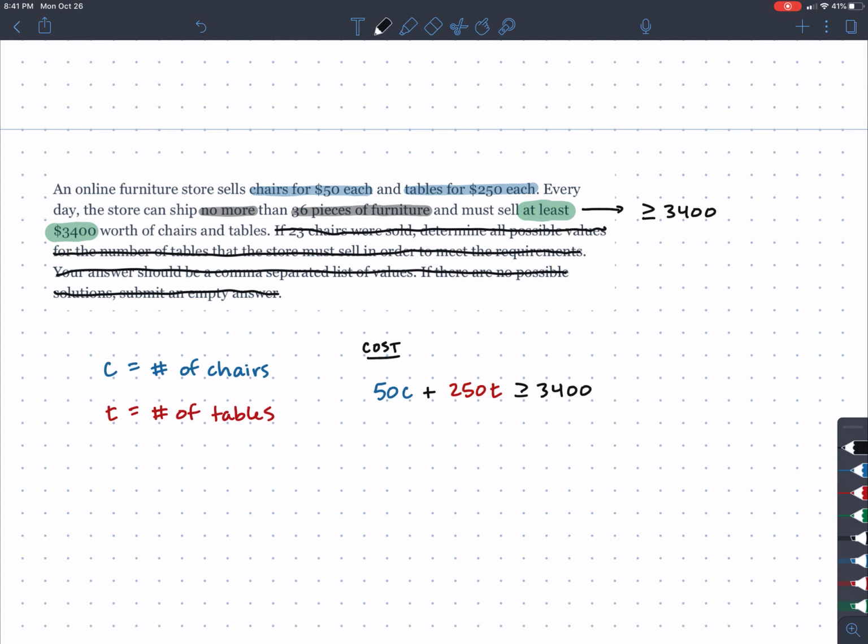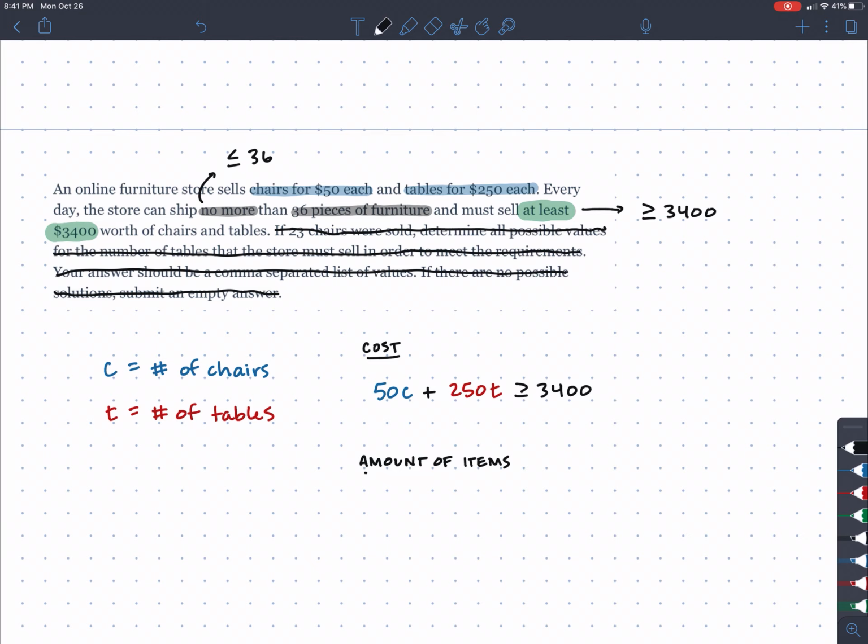We also want to come up with an inequality for the amount of items. Like how many things are we selling? The store can ship no more than 36 pieces of furniture. So if 36 is the max, then I want less than or equal to 36.